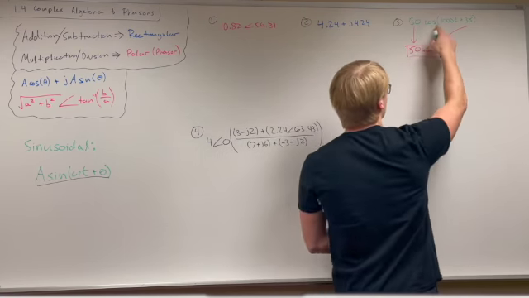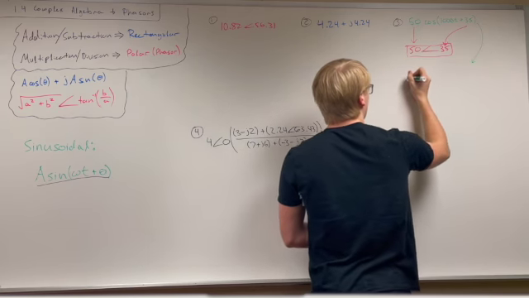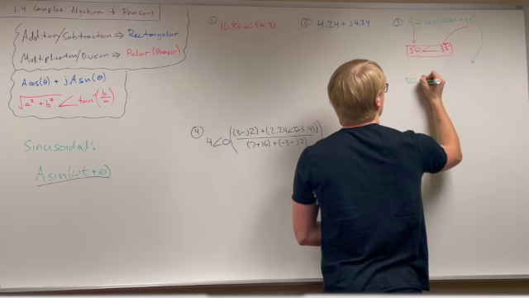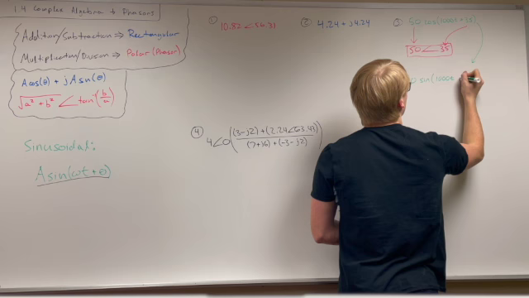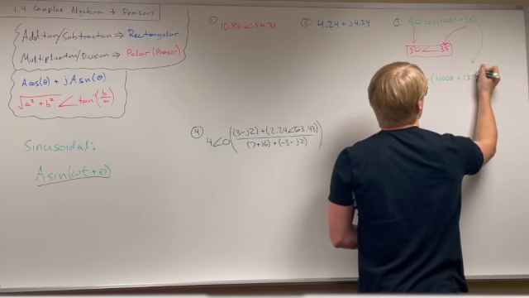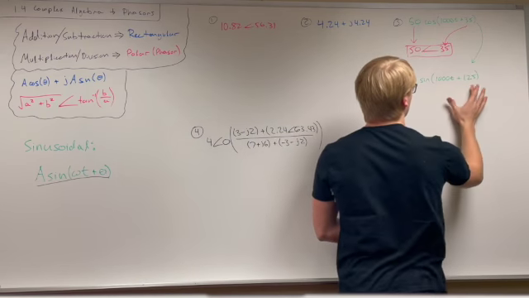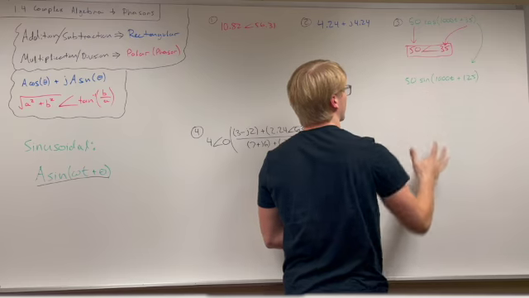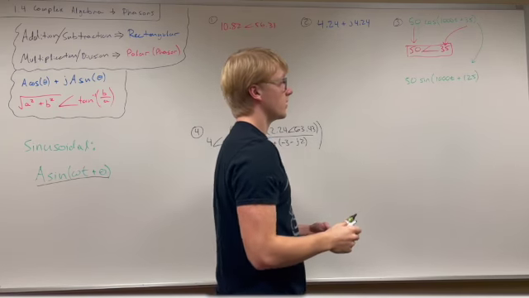If we wanted to convert this whole thing to a sine wave, everything stays the same except this part right here. You add 90 to the angle to convert from cosine to sine. And sometimes that's helpful.